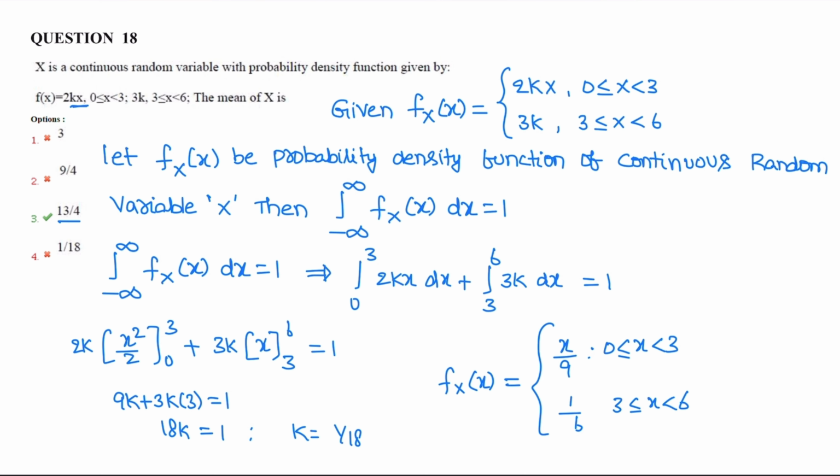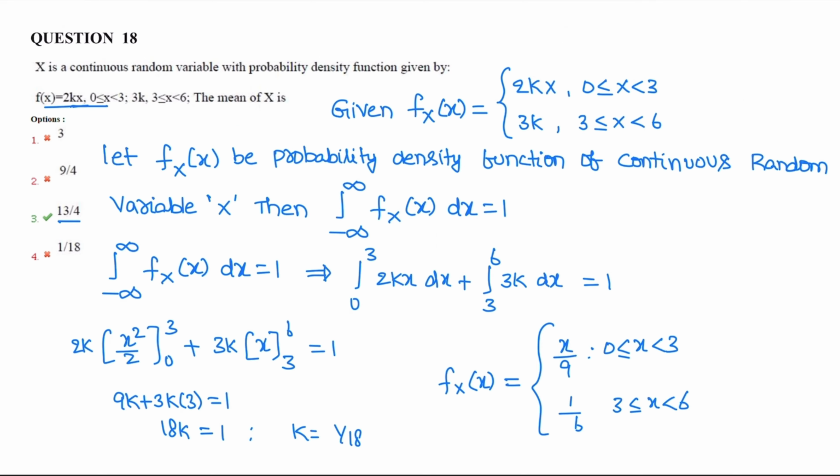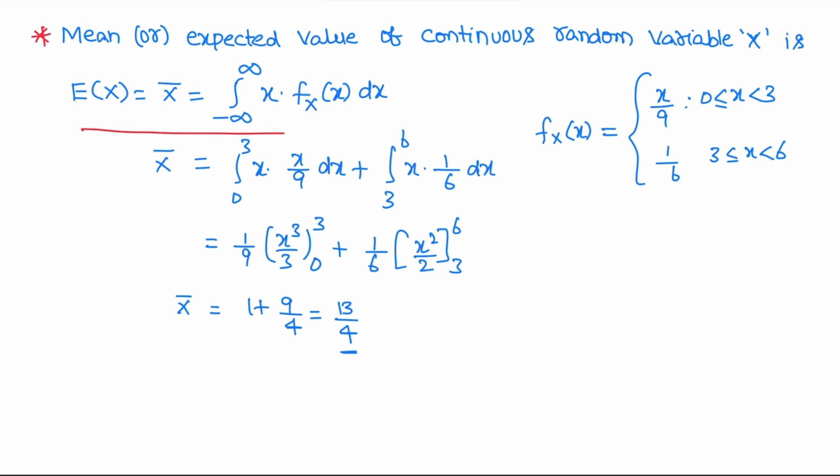We need to calculate the function and then, using these limits of integration and the expectation formula, we need to calculate the mean value. Two formulas: this formula is used to calculate the k value, and this one is used to calculate the mean value.